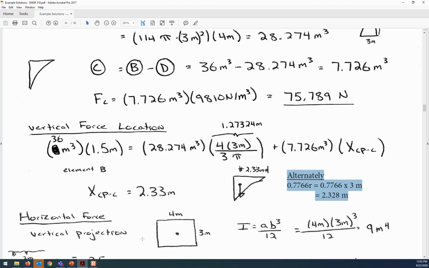So if you have to, grab a piece of paper and look at it from different angles and convince yourself that, oh yeah, that curved gate has a projected height of 3 meters and a width of 4 meters. So that makes the vertical component B and the horizontal component A. So 4 times 3 cubed divided by 12.